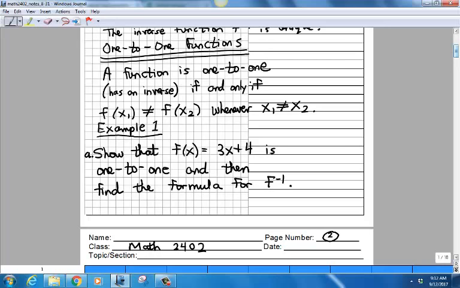So if it's ever the case that you pick two inputs that are different, but the matching outputs turn out to be the same, then you know you do not have an inverse function. But if in every case when you pick two different inputs, you get two different matching outputs, then you know you have an inverse function.